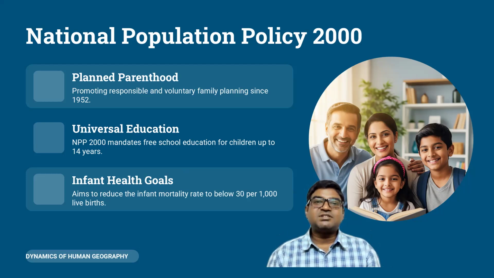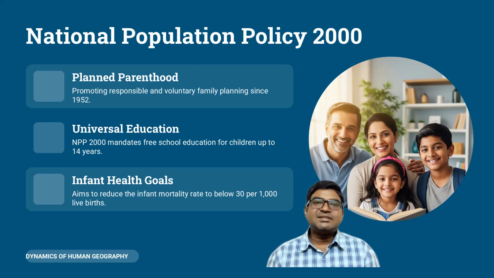We also discussed the adolescent population, the push factor, the pull factor, and urbanization, pulling people towards urban areas due to better facilities. We can also see the migration policy. Along with births and deaths, migration also plays an important role.